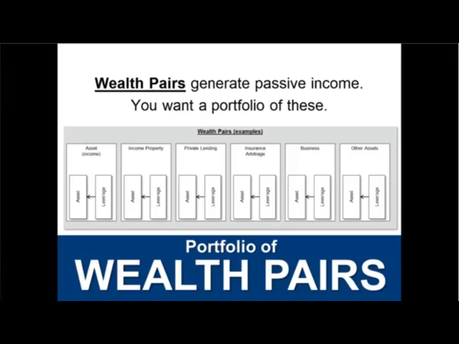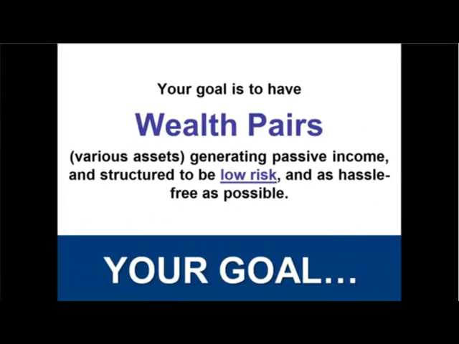There are a lot of different ways that you can create wealth pairs. And every successful investor, every top-tier investor wants to have a portfolio filled with tons of different wealth pairs. So once again, the goal is to have wealth pairs, various assets, generating passive income, and structured to be low risk and as hassle-free as possible.